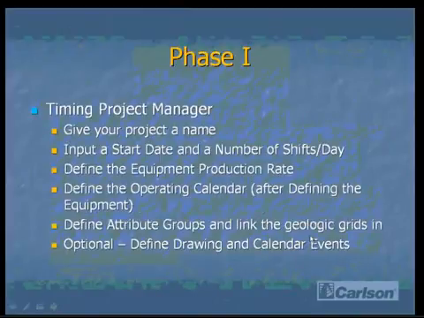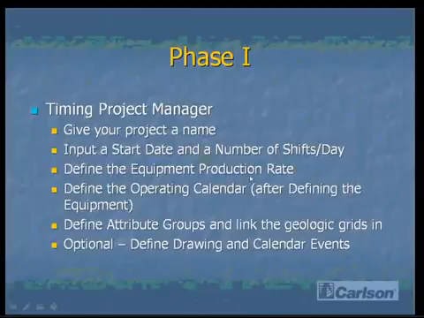In phase one of mine planning, when we get into the timing project manager, this is the area where you give your project a name, input the start date and the number of shifts per day. You define the equipment production rate of your continuous miners or your longwall equipment. Define the operating calendar after defining the equipment production rates, and then you define attribute groups, which are panel types.